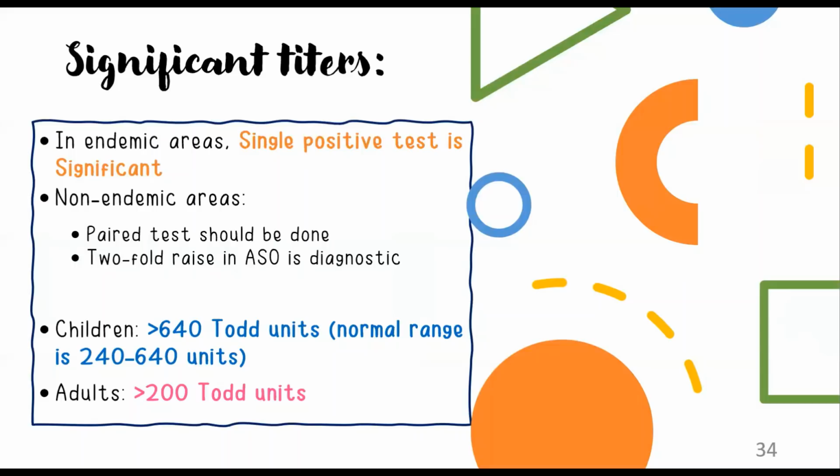So if a child has more than 640 Todd units, that is already considered significant. So the doctor can conclude na probably the child has a streptococcal infection. And for adults naman, the significant titer is greater than 200 Todd units.